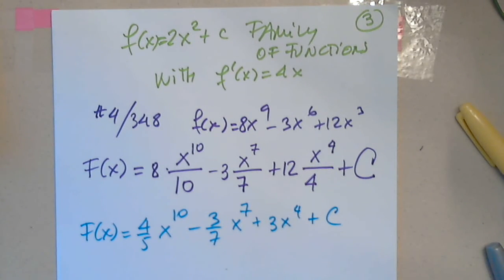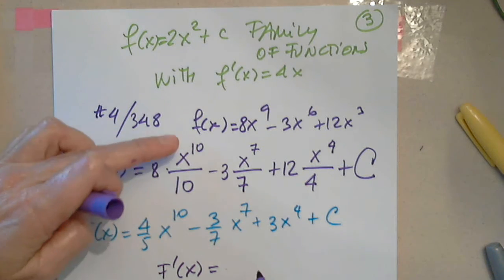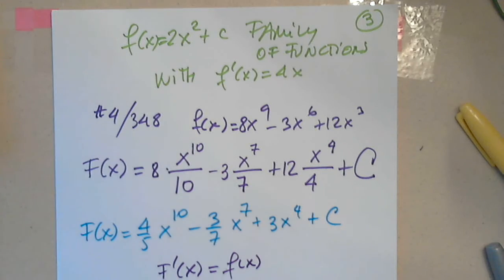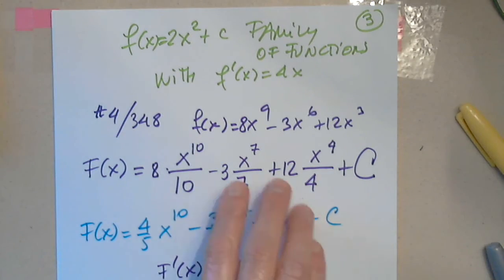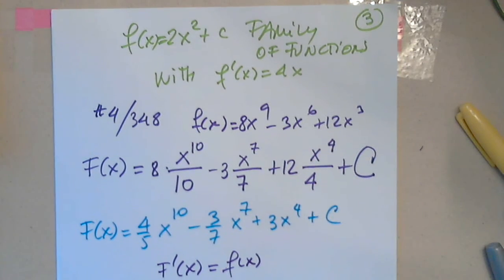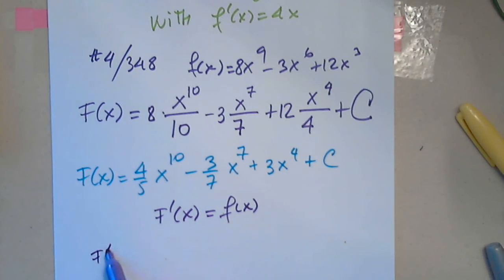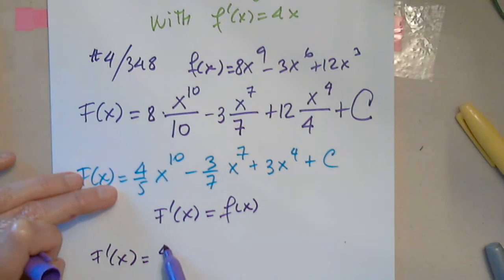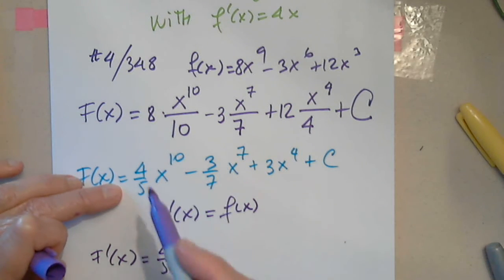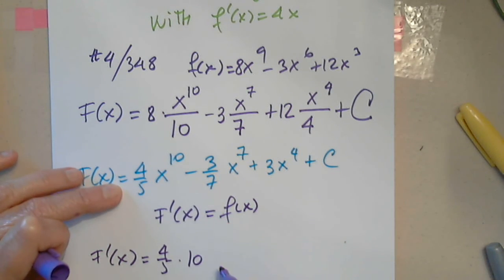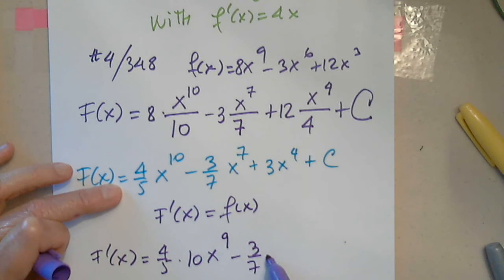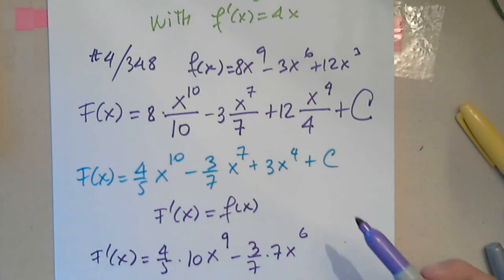And now you can say, show me that when you differentiate this function, you get that one. And I will say gladly. So I'm going to differentiate that to show you that we get the starting point. So f prime of x will be 4/5, I bring down 10, I subtract 1 from the power. Minus 3/7, I bring down 7, I subtract 1 from the power.